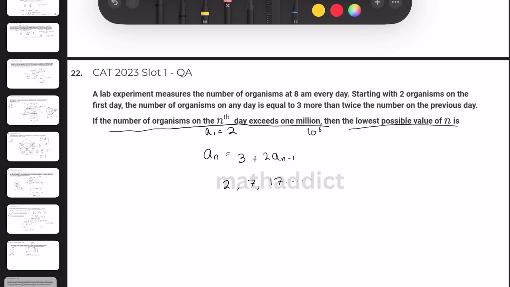So this is the progression. So what we'll do is to find our sequence, the nth general term.